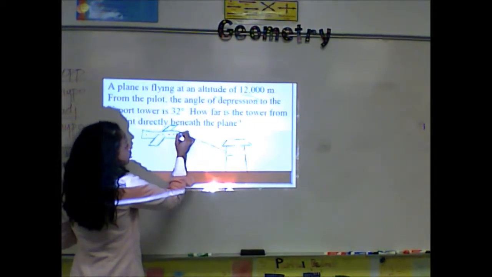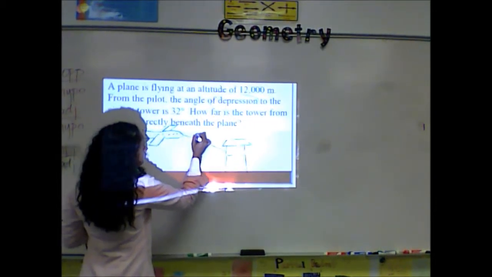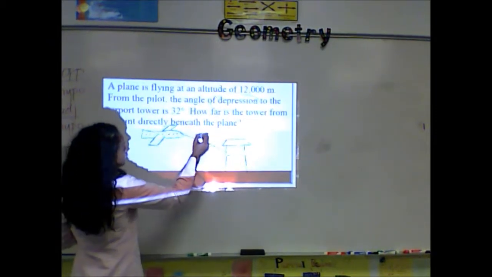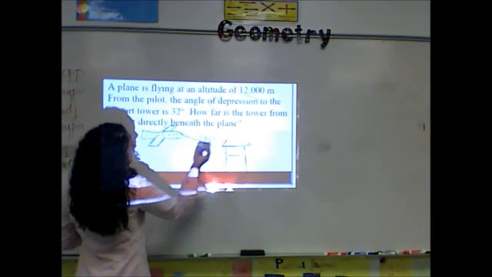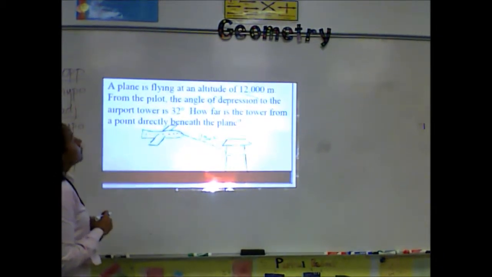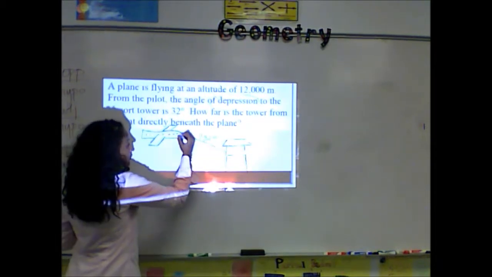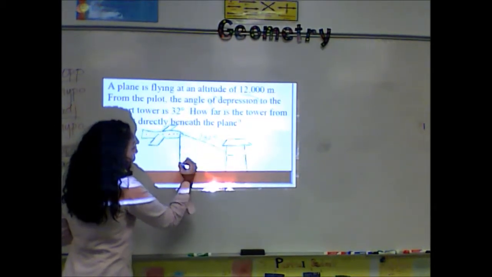Originally, if he looked straight out the front window, that would be his 0 degree line, but he's having to look down from that 32 degrees. From a point directly beneath the plane, how far is the tower?